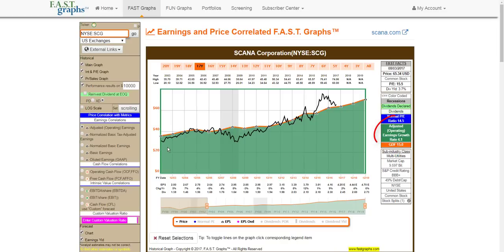We had earnings growth of about 4% a year over this time frame, but we also had PE expansion, with the PE going from 12 or 13 up to 15 and a half. So just by looking at these numbers and understanding the growth rate of this stock, I can instantly know that my capital appreciation, had I bought the stock on this day and held it through yesterday's close, would be slightly in excess of 4.1%.